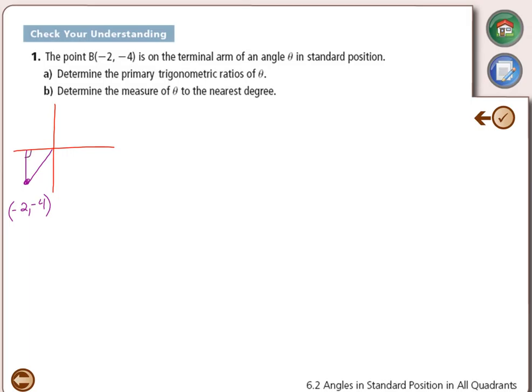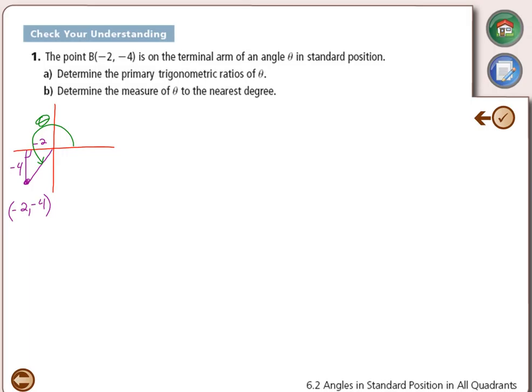And label the sides. We know that that's -2 and that's -4. We need to determine the primary trig ratios of theta. Theta is this distance actually over here. That's what theta is. Standard position starts at the positive x-axis, works all the way around.